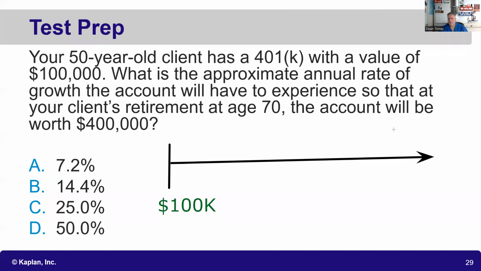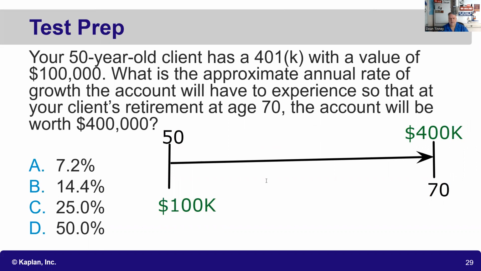And when it gets there, we want to have $400,000. I'm going to put that there. And it looks like the time frame we're looking at here is 20 years, to go from 50 to 70.